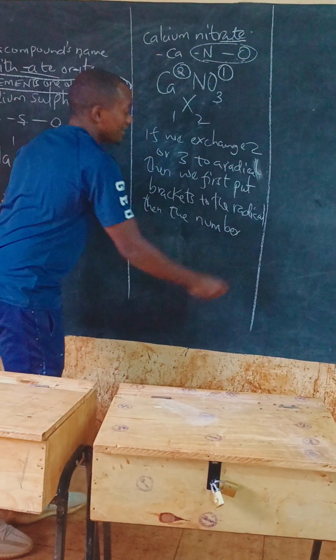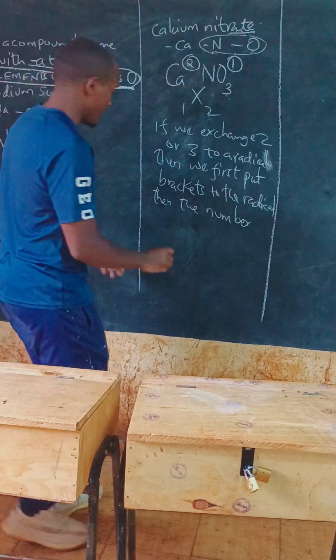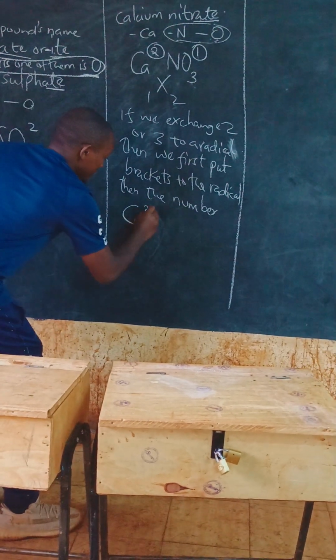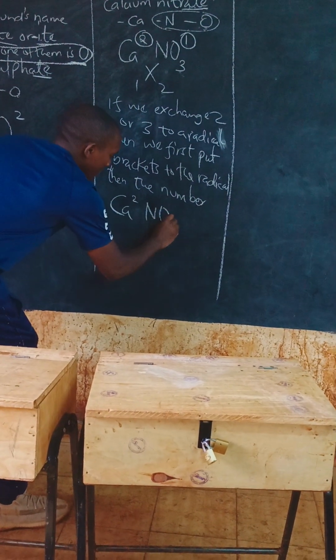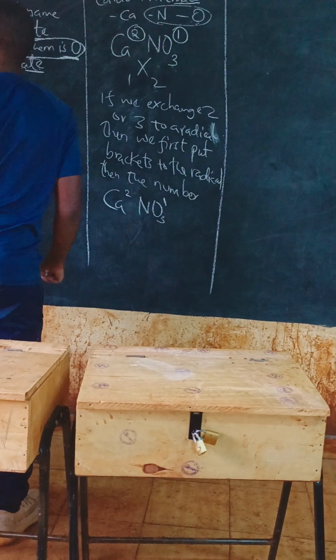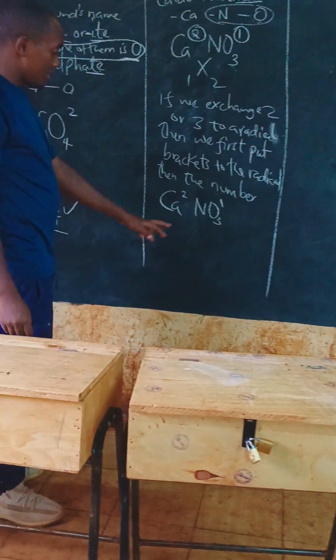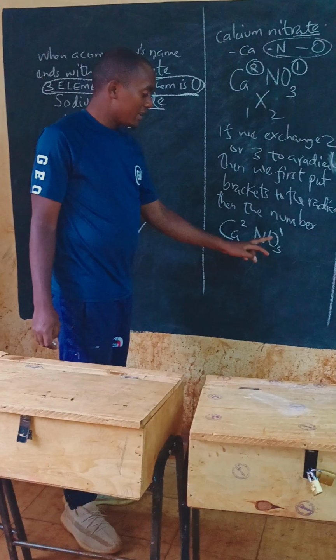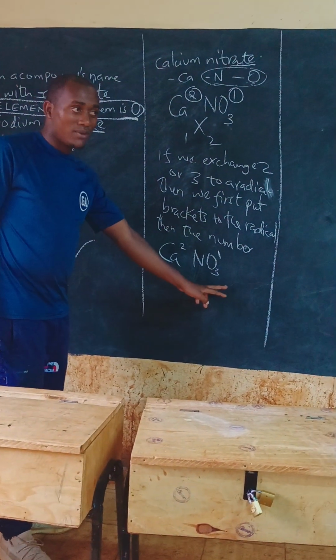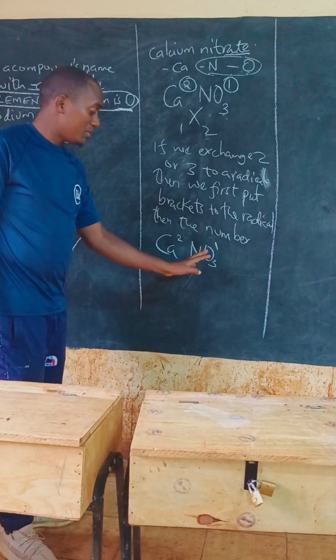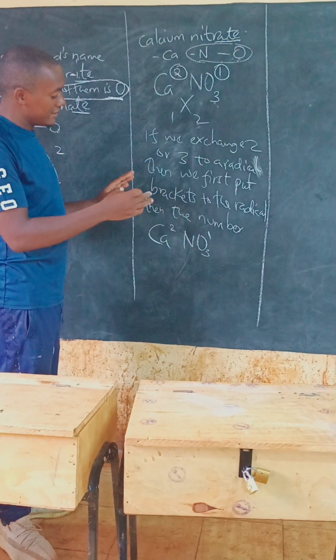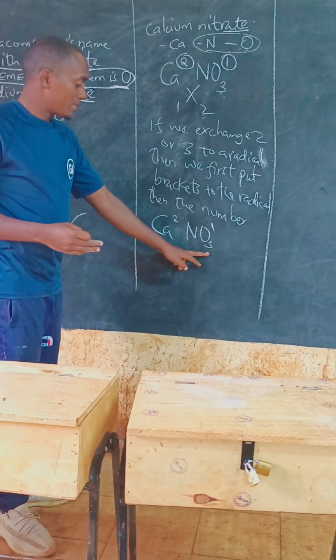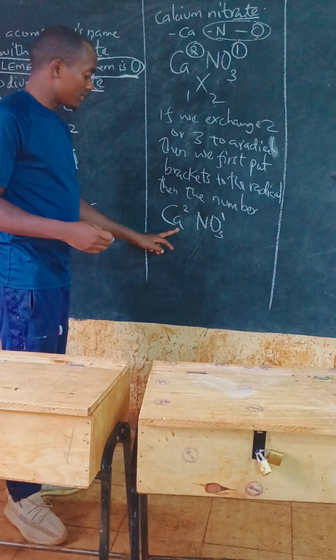Now, calcium nitrate. Calcium is valency 2. Nitrate is NO3 valency 1. So the 2 will come to the radical as its subscript, and the 1 will come to calcium.